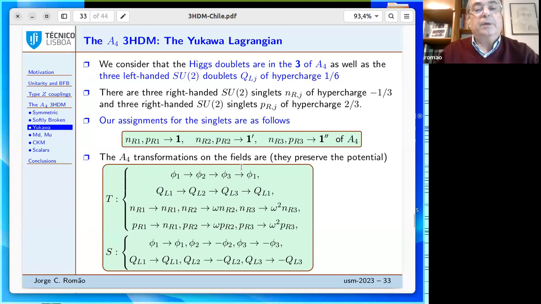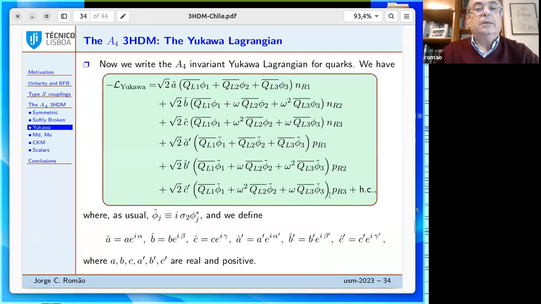And the A4 transformations on the fields preserve the potential. You can check that, but we define them in this way. And with this definition of the transformation properties, one can check that this Yukawa Lagrangian is A4 invariant. In these expressions, we have put some constants that afterwards you redefine, essentially taking the absolute value and the phase, because these can be complex numbers.